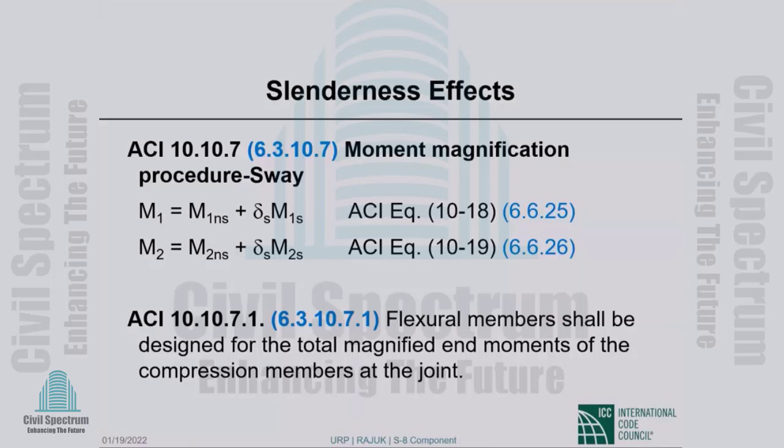Anyway, flexural members shall be designed for the total magnified end moment of the compression members at the joint. So this is not a trivial statement. If the column end moment is magnified, the beam that the column is framing into also has to be designed for that magnified end moment.